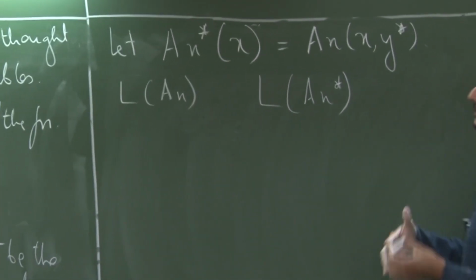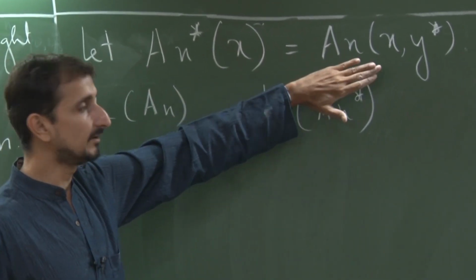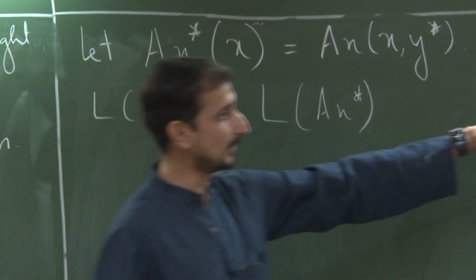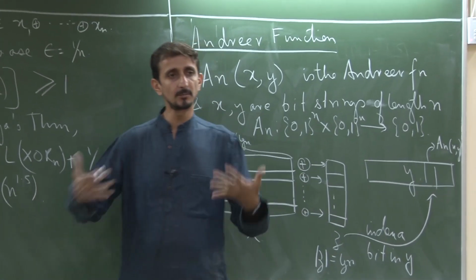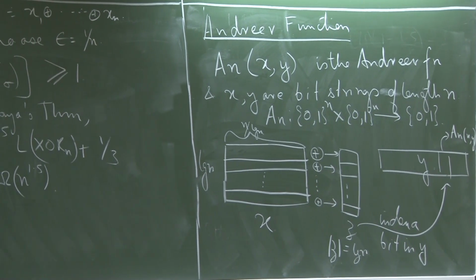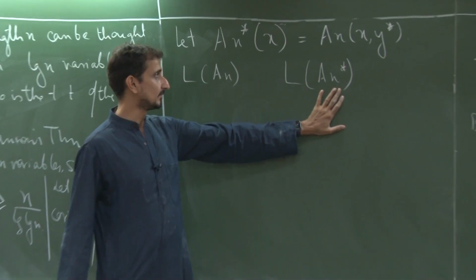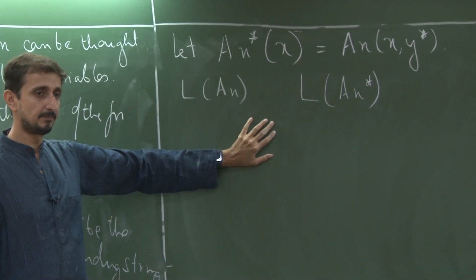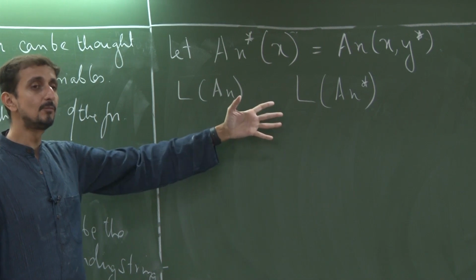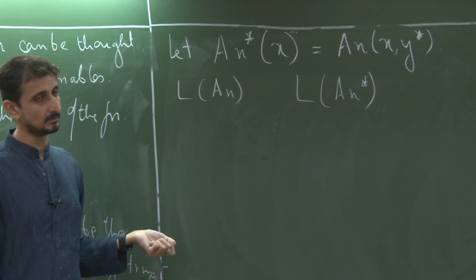My goal is to give a lower bound on the formula complexity of A n. That was my initial goal. I considered a function and I want a lower bound on its formula complexity. Now I have defined another function A n star. How do these two lower bounds compare? Which should be more? A n, why?